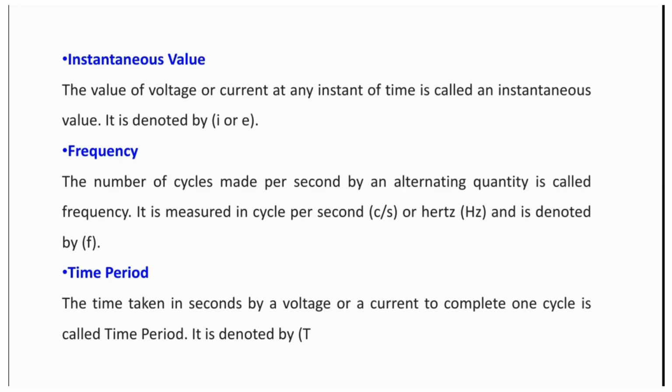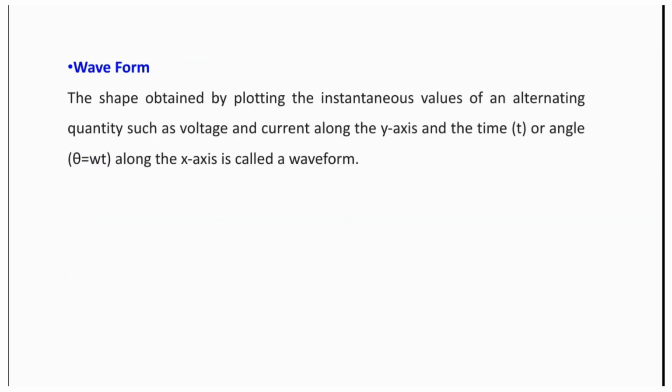Then instantaneous value. At any instant of your voltage waveform or current waveform, you can get the value. That is called the instantaneous value. All the instantaneous values combined give the waveform. Then frequency. Frequency is the number of cycles made per second by an alternating quantity.